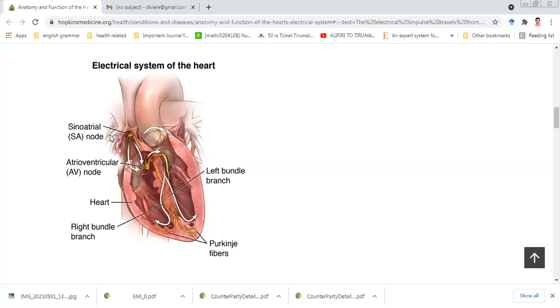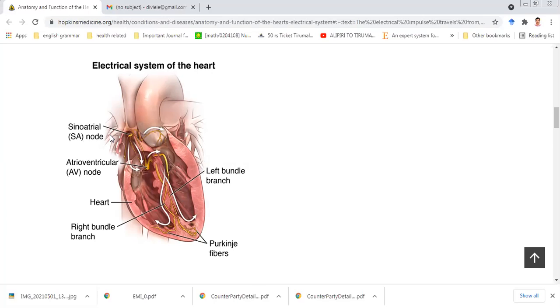So what is a stimulus? A stimulus is like a voltage. You can say it is a voltage or an electrical signal, a sudden impulse, or an excitation source. Stimulus means sudden change.